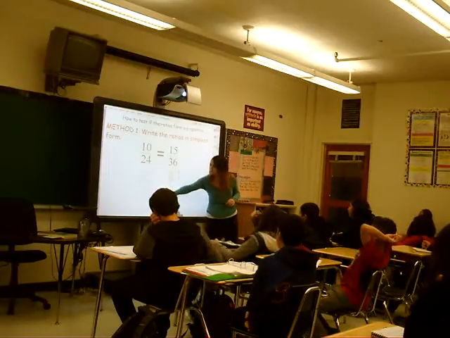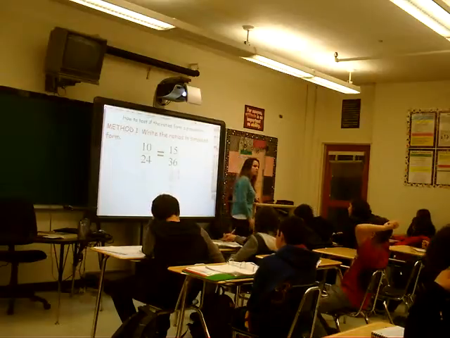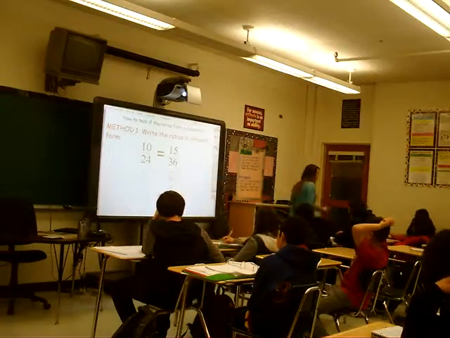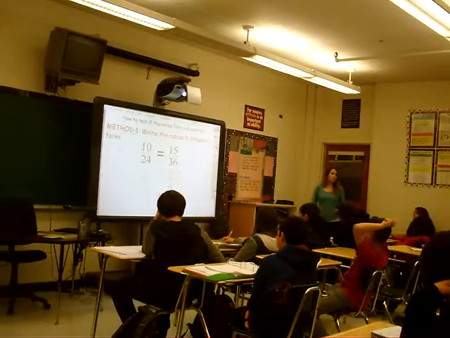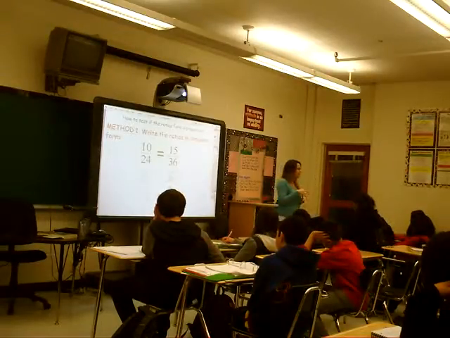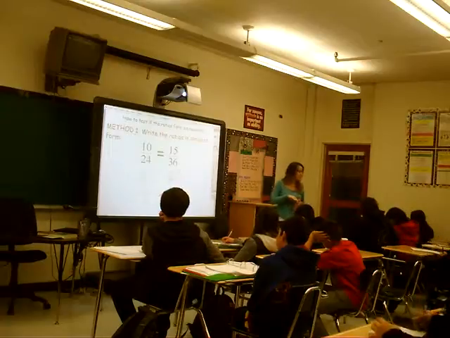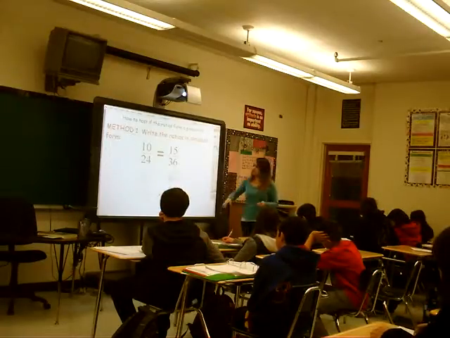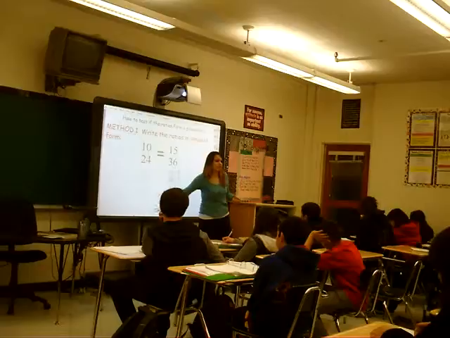So are those proportional? Yes. That's one way that we can do it. If two numbers can be divided by the same number, they can be written in a simpler form. If we get them both down to simplest form, we can check if they're proportional.